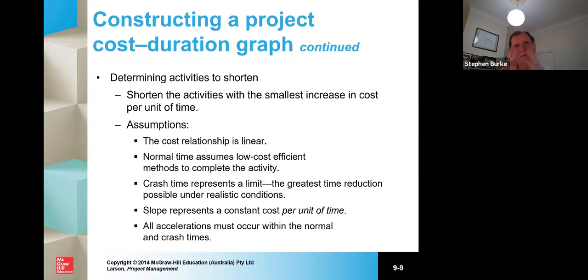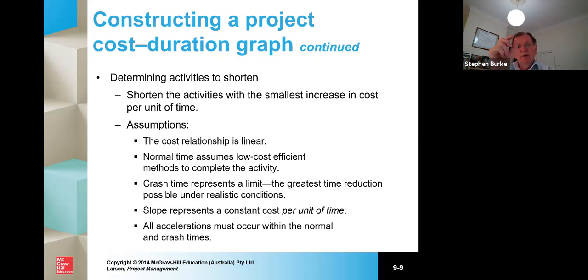Now, some of the assumptions we need to make are linearity, that the relationships between costs and duration are linear. Now, we know that that may not always be the case, which is why you need detailed data. And normal time assumes low cost, efficient methods to complete the activity. And this is where it becomes challenging.